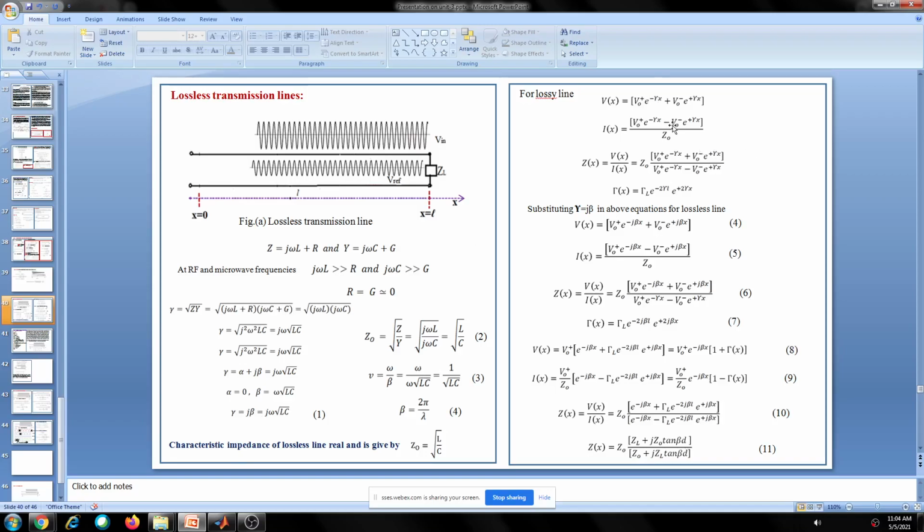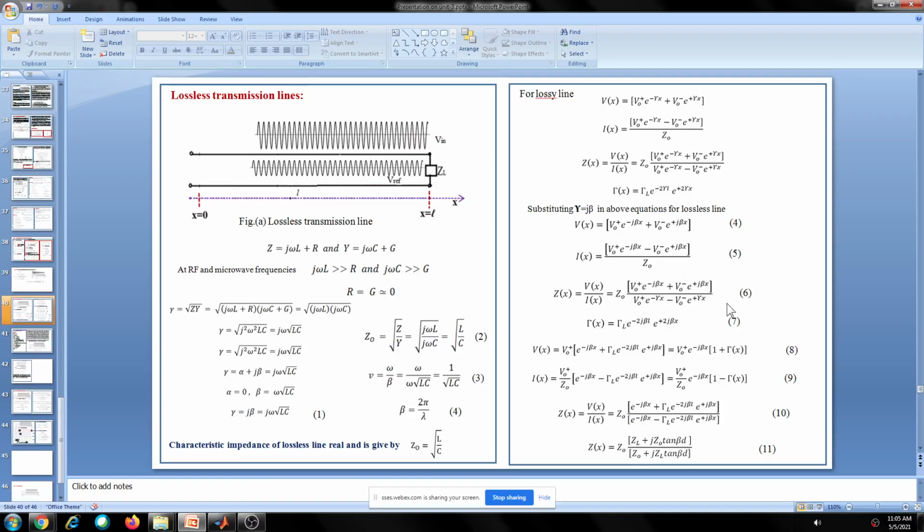Replacing gamma by j beta, you will get the expressions for voltage, current and impedance over a lossless line. So I have made that here. This is the voltage equation, just replacing gamma by j beta. Similarly, the current equation and the impedance equation here.